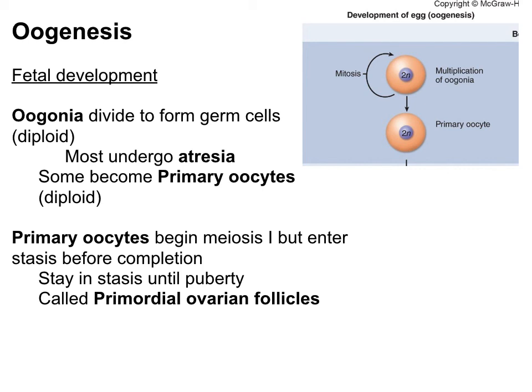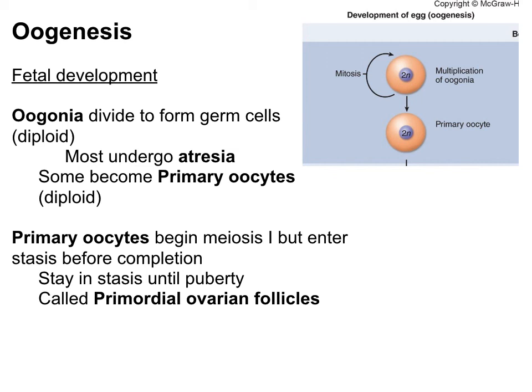Now, these sleeping primary oocytes are found within structures called primordial ovarian follicles. At birth, there are only about 2 million of these primordial ovarian follicles within the ovary.